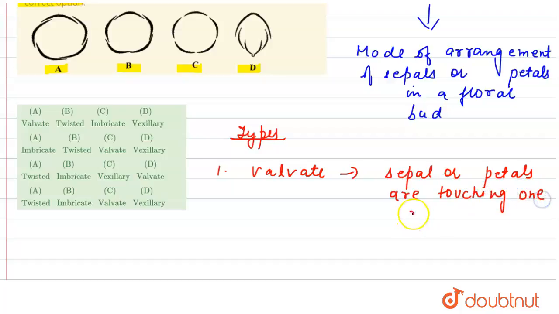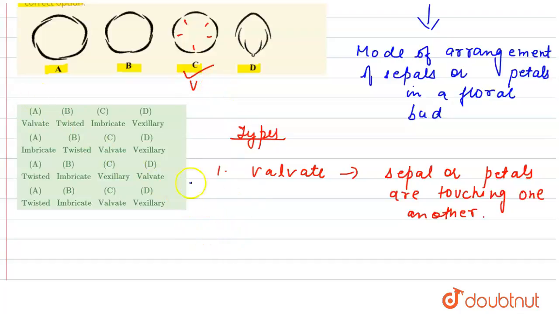If we see the figure here, we could see that this C here is touching each other. So C here represents the valvate type.